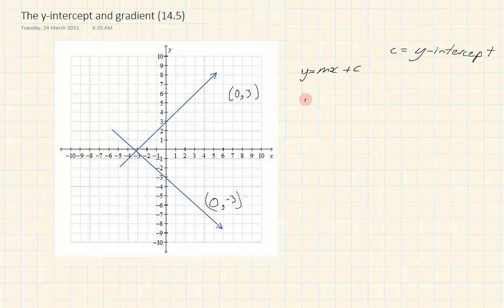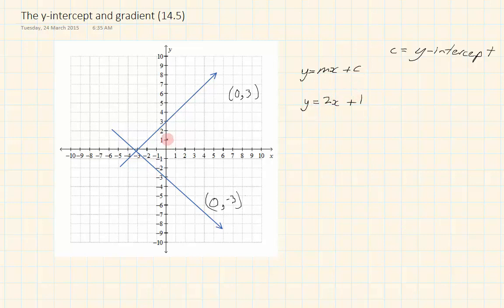We've seen a graph earlier, which was given by y equals 2x plus 1. Okay? So if we say that 2 here is our gradient and 1 is our y-intercept, let's try and graph it now. So m is 2 and our y-intercept c is 1.